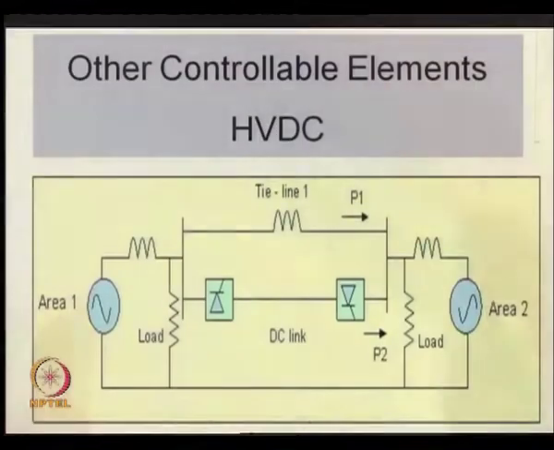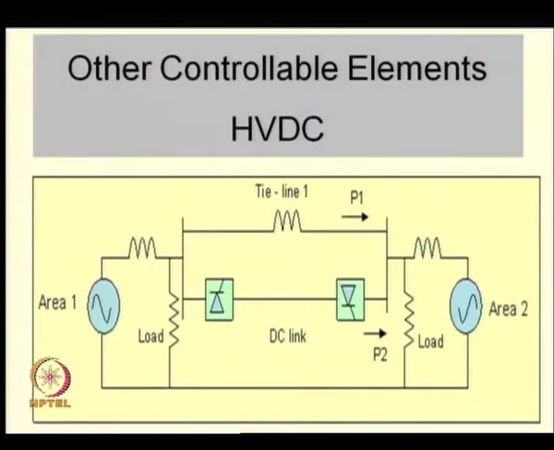There is another possibility. So, you will have a look at this slide. Suppose you have got a two area power system which looks like this. It is connected by an AC line, AC tie line, it is called tie line 1 here in this figure, and you have got a DC link in parallel as well. Okay. A DC link, remember, is another controllable element in the system.